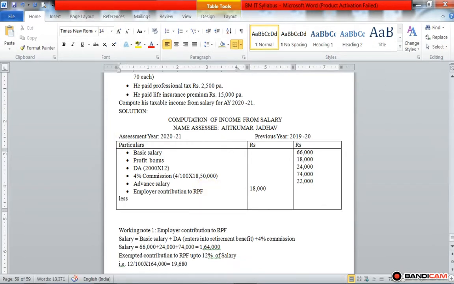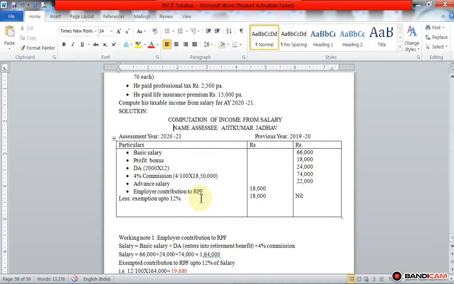Less 12% exemption: 19,680 is the limit and the employer has contributed rupees 18,000. It means below 12%, so all the amount is exempted. 18,000 is all exempted, so in the outer column nil.